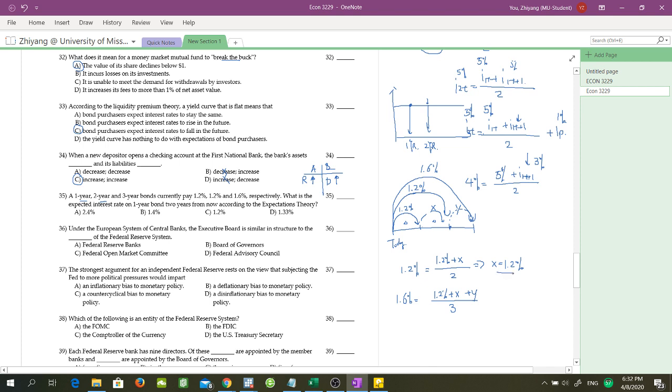And we calculate it out, so we can plug in x in here. So that becomes 1.2%. So this equation tells us y equals 3 times 1.6%, which is 4.8%, minus the total of 2.4% over here. So in total, y is 2.4%. Okay, and so the right answer is A for this question.